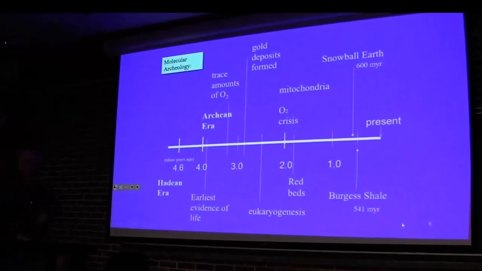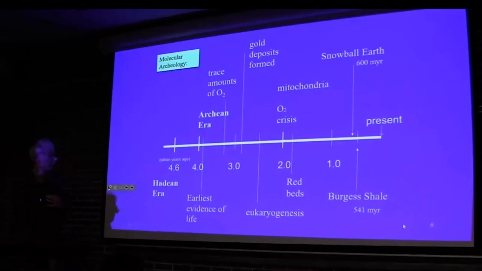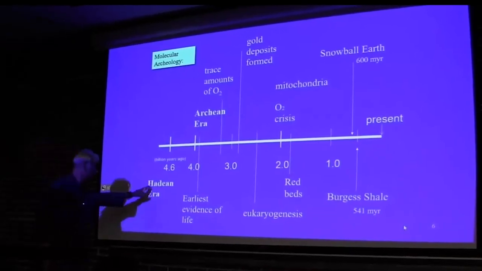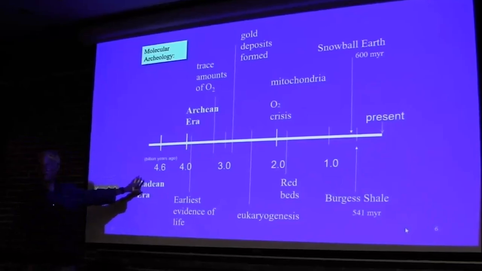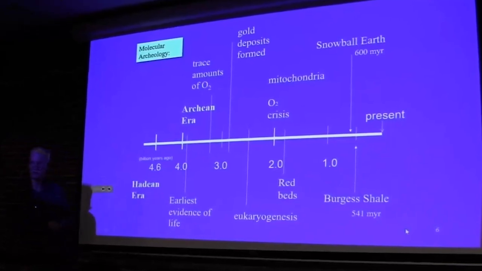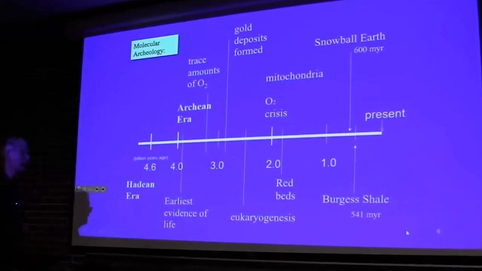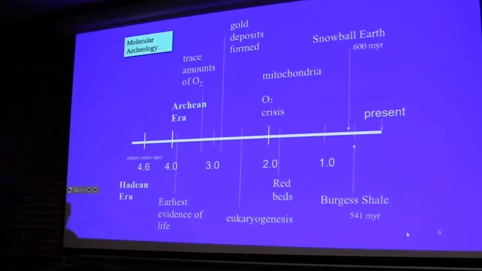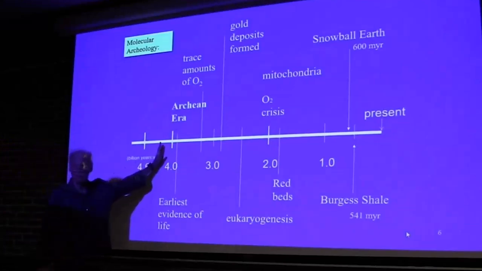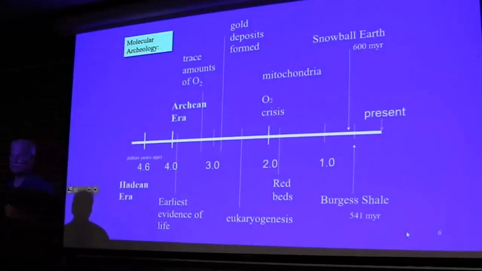So this is sort of the timeline of planet Earth. We have the, it looks like Hades, doesn't it? The warm era, when the Earth was still semi-molten and very hot, and it rained for millions of years without stopping. Sounds biblical, doesn't it? And then life appeared after about 500 million years.